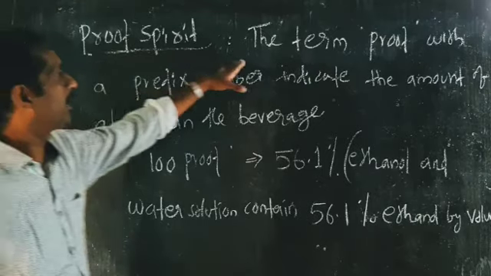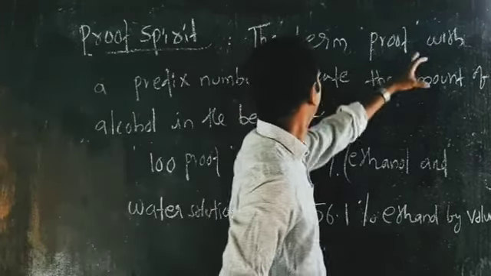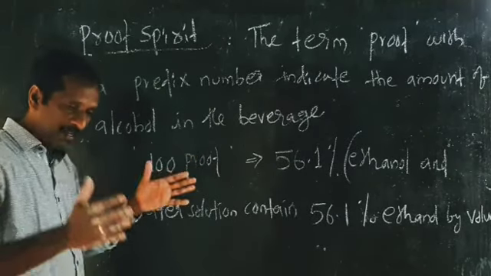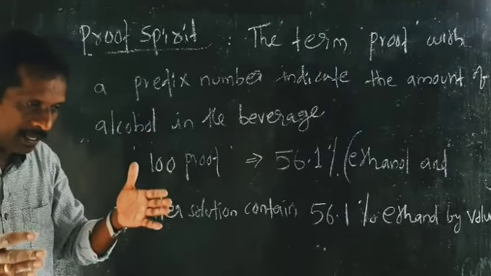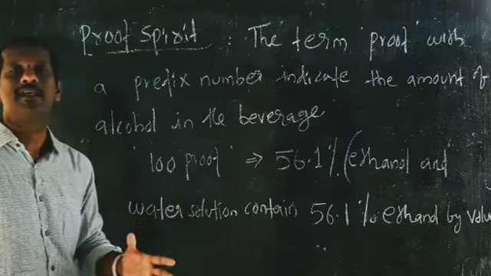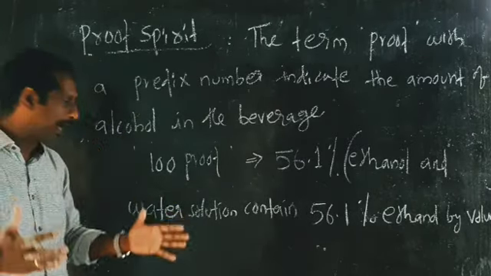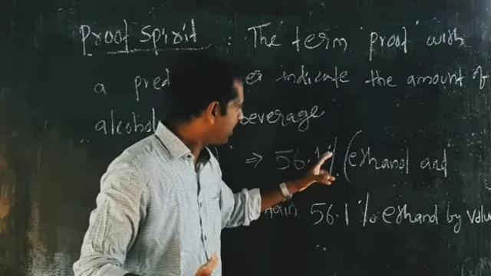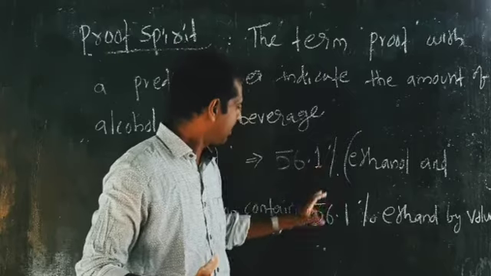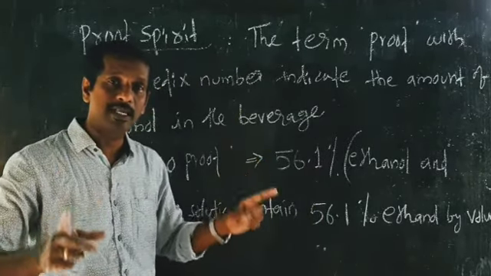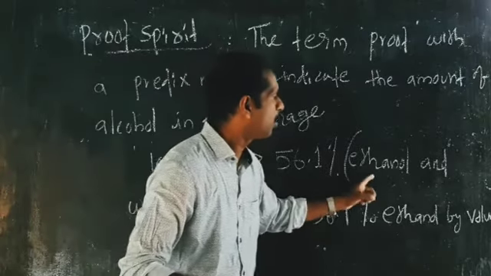If the beverage is labeled as 100 proof, that means 56.1% ethanol is present in a solution of ethanol and water.